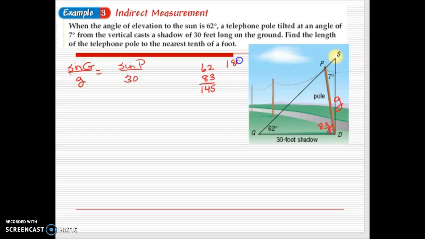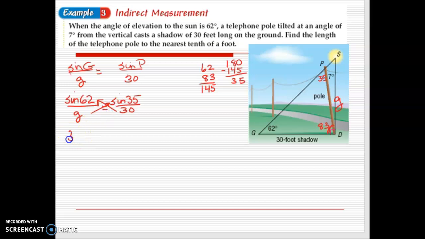So 180 minus 145 would give me 35 degrees right here. So sine of 62 over the g, the pole that we need, equals sine of 35 over that 30.